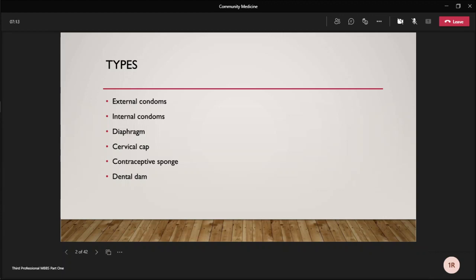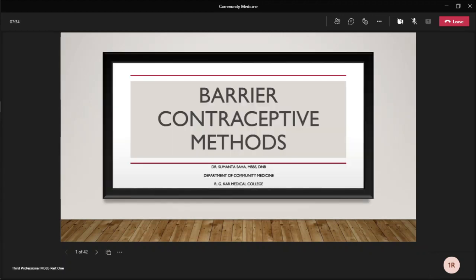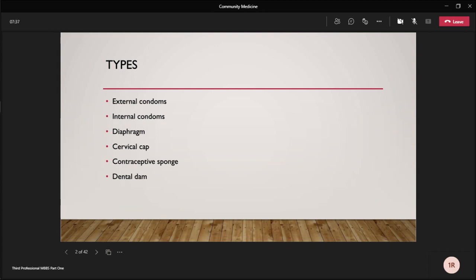The page is not changing. Wait. We're not moving to the third slide somehow.